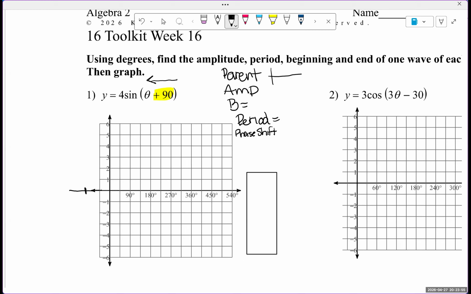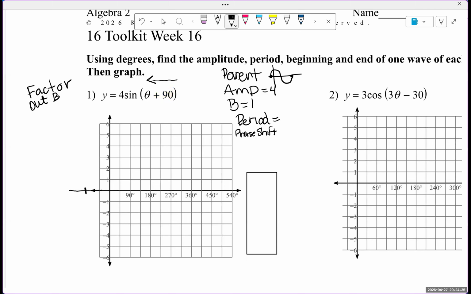We have a sine curve. So the parent graph looks like this, but this one's going to be shifted a little bit. So the x-axis will be there. The amplitude we see is for B. Okay, before we go on, we need to factor out the B. But in this case, we see that the coefficient in front of the theta is 1, so there's nothing to factor.